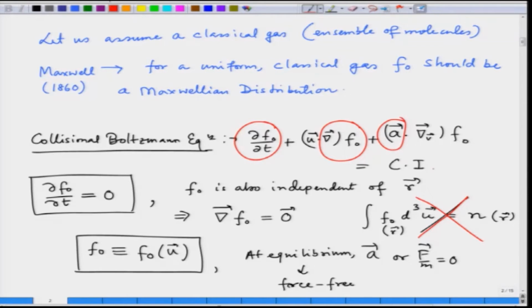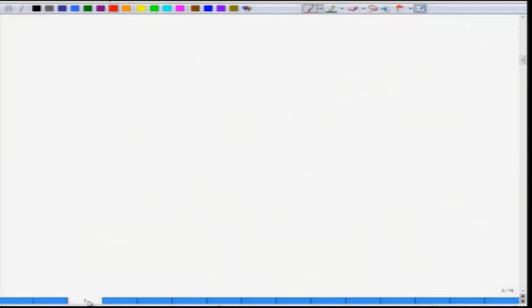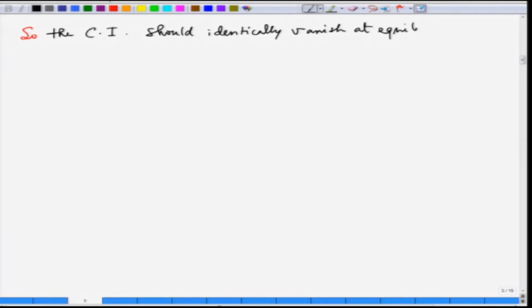So, the right hand side should also be identically 0. So, the collision integral should identically vanish at equilibrium. Okay.